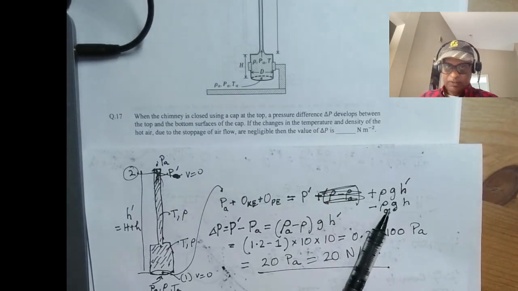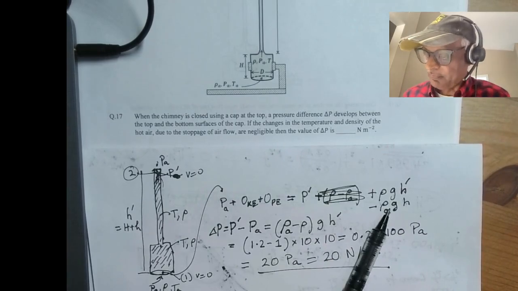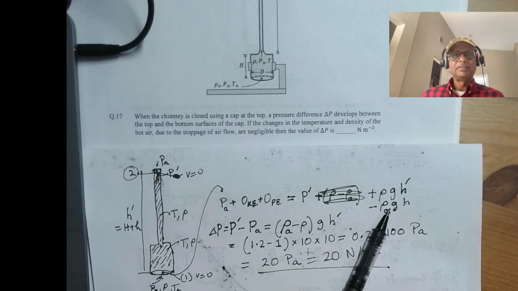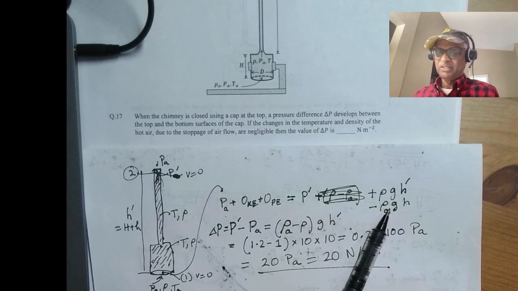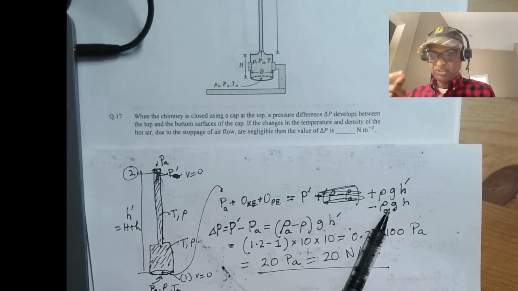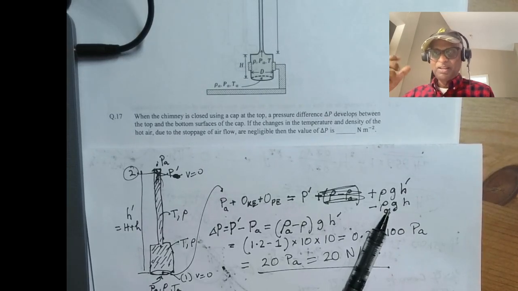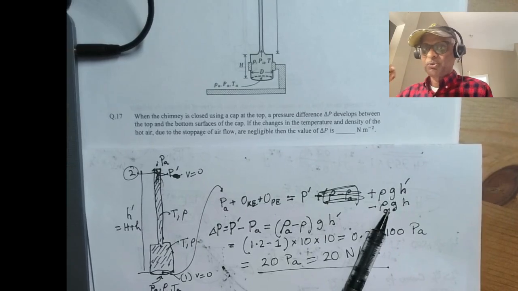Okay, so this was a little kind of a tricky problem, taking care of how to handle density difference, when there's a potential energy difference and you have moved different amounts of mass.